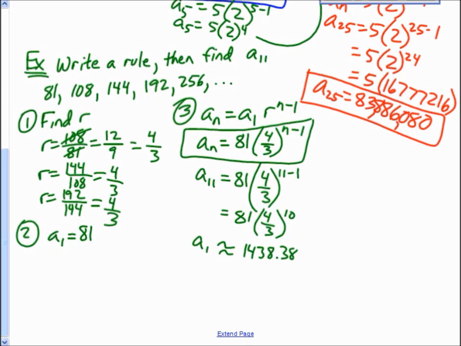Again, I approximated that. I think I have the exact answer here if you do want to write it in exact form here. 1,048,576, all divided by 729. There it is in exact. Okay, so there's your 11th term.